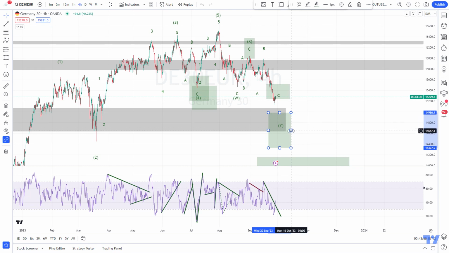I really want to be in this area before I start considering long trades. However, if we would start to print a structure that gives me confidence that the low was in here, then of course I have to start initiating long trades from here. But for the moment, this structure is not there yet.